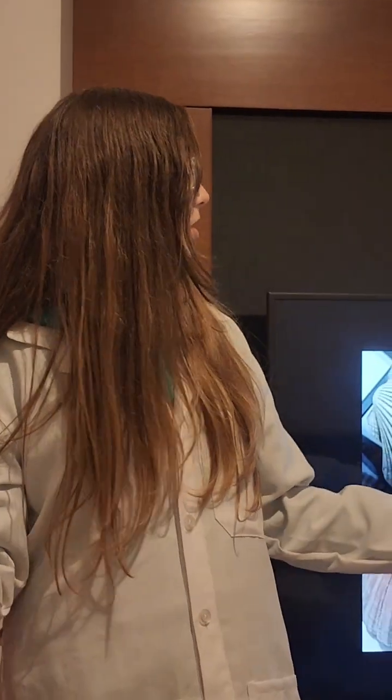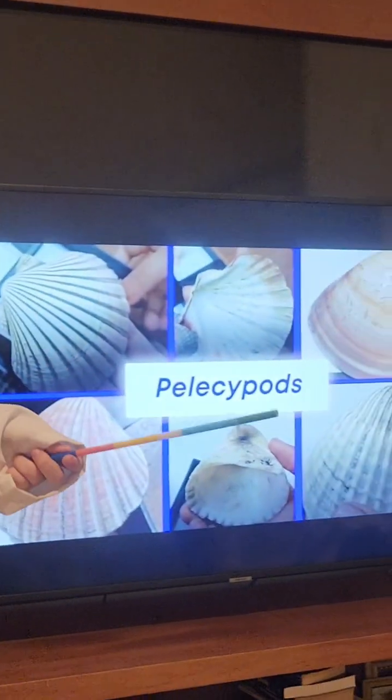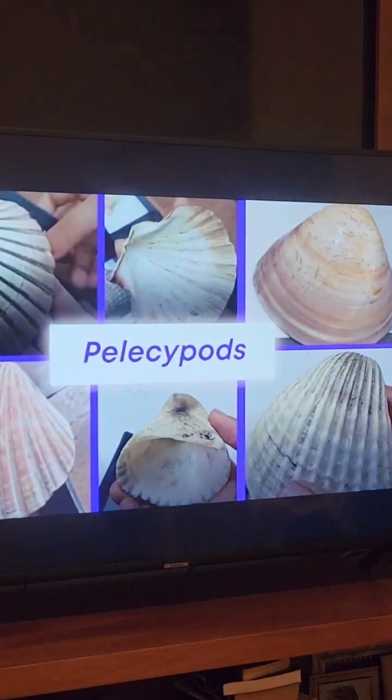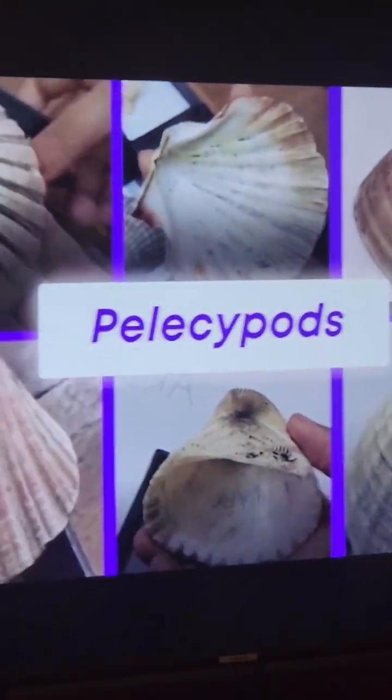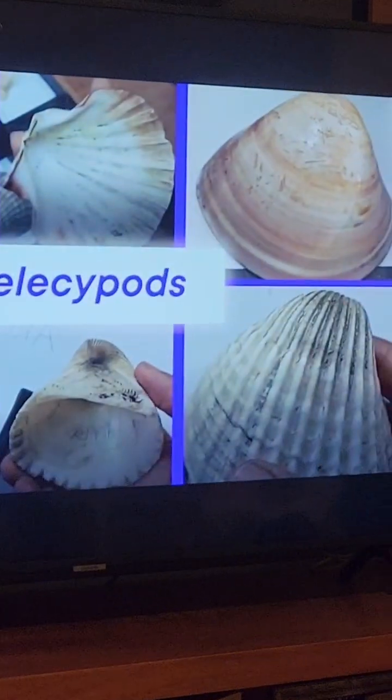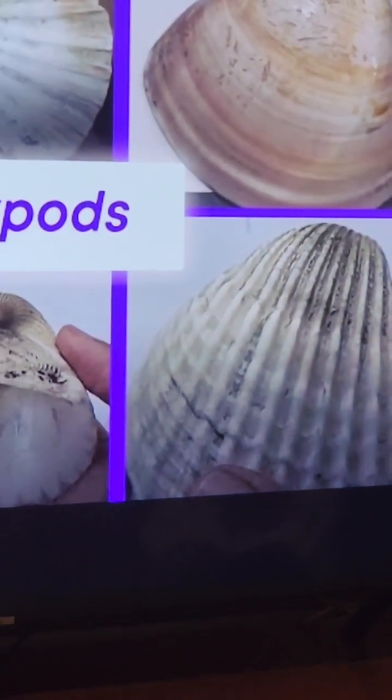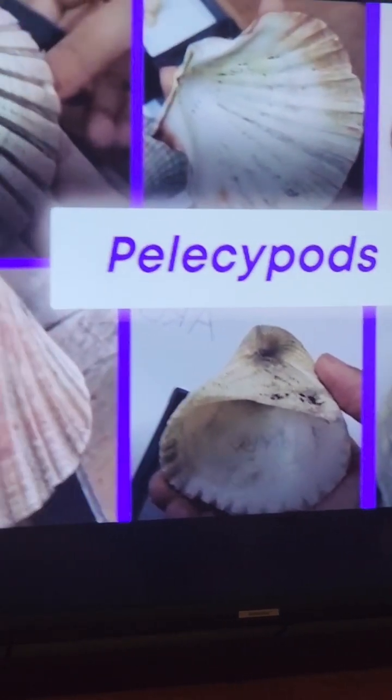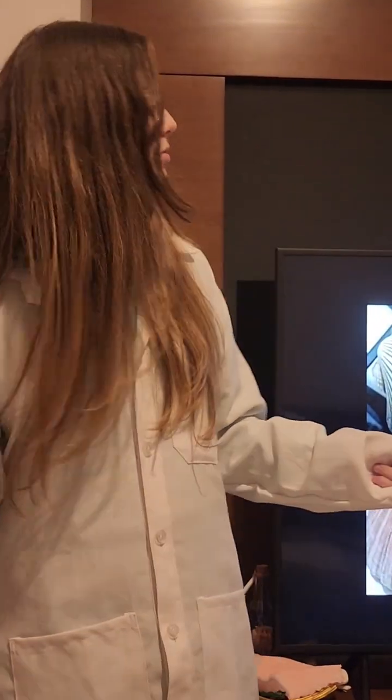Now we're going to be talking about cephalopods. Cephalopods are mollusks like snails and clams, but they're very smart and active. Some examples of them are octopus, squid, cuttlefish, and nautilus. Their name means head foot because their arms are attached to their head. They have a soft body and they do not have bones.